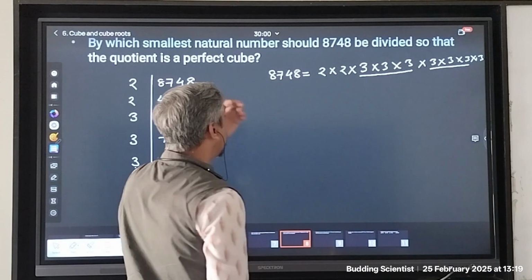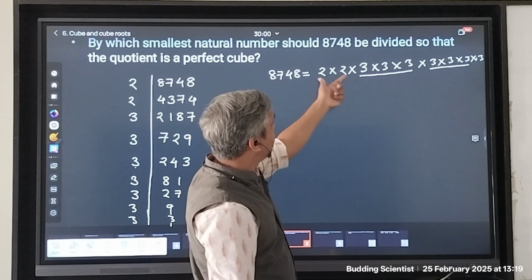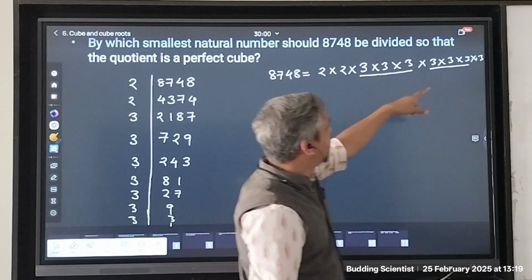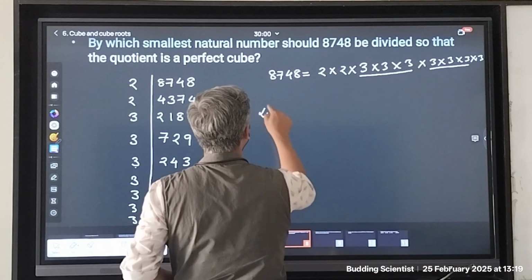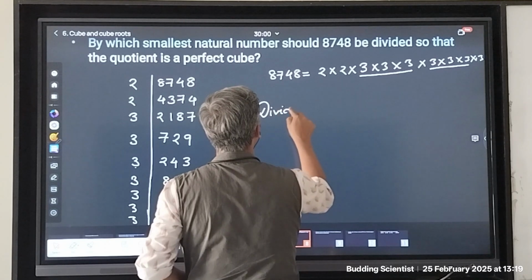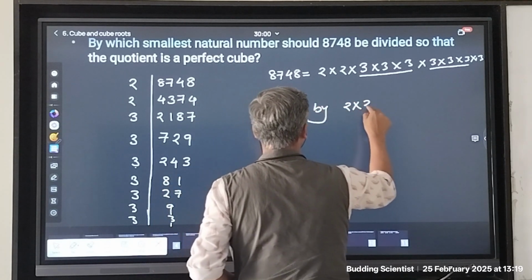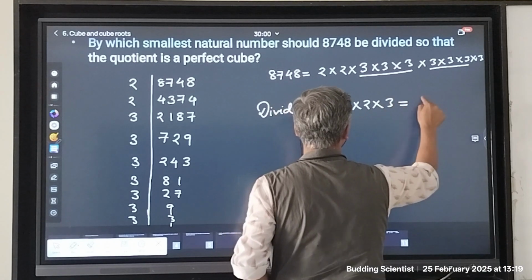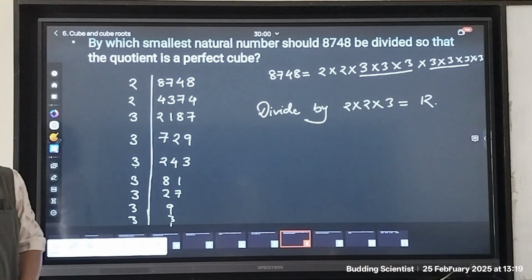So this number has to be divided by 2 into 2 because this is not a perfect cube. So we'll divide by 2 into 2, which is 4, and this 3 has to be divided as well. So we'll have to divide by that, and the quotient will be a perfect cube.